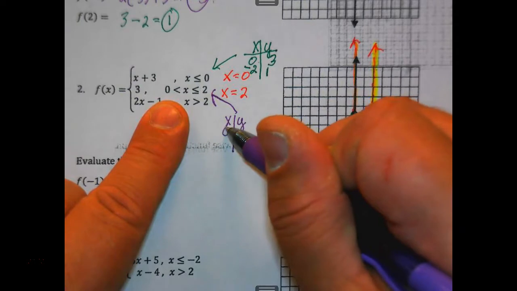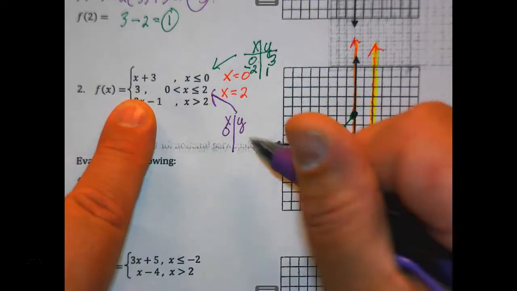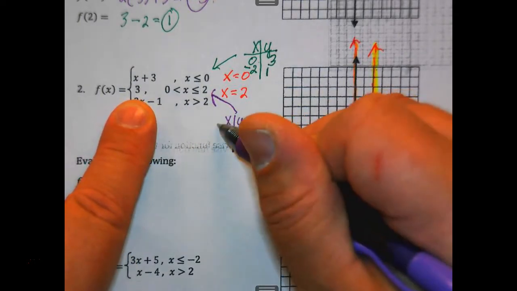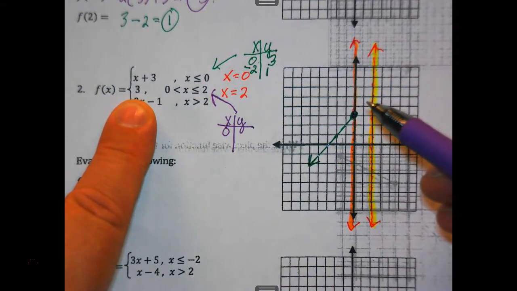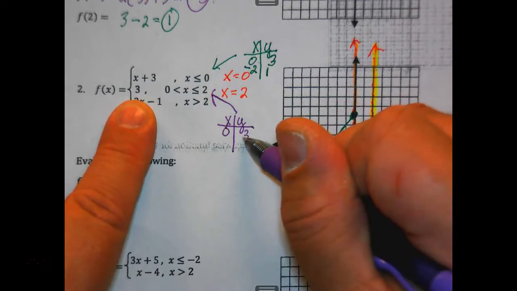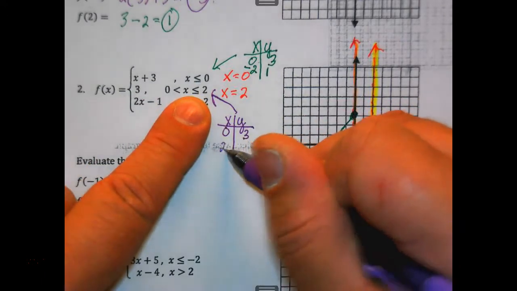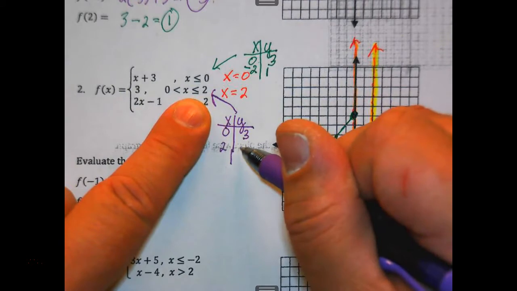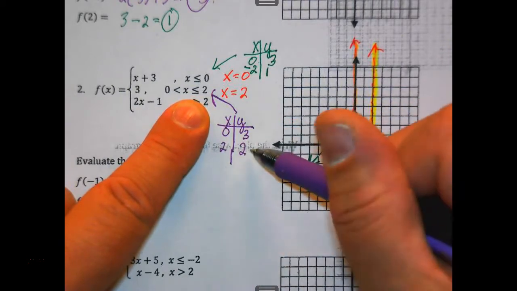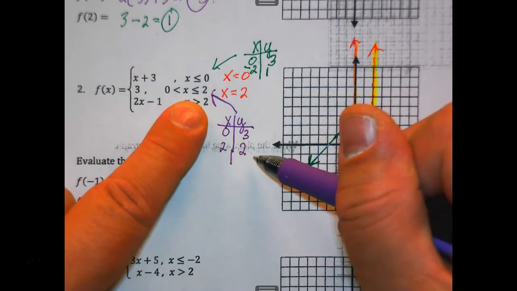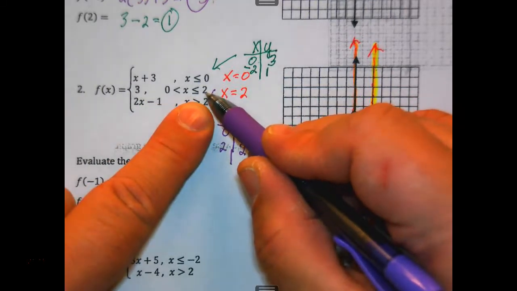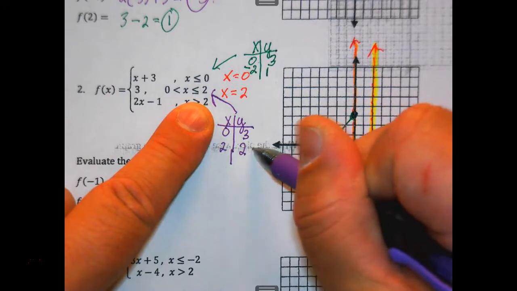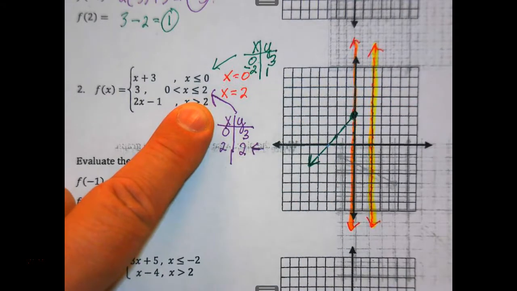I'm going to pick 0 for X. What's Y? If I pick 0 for X, what's my Y? 3. If I pick 2 for X, what's my Y? 2. Now, which one of these are going to be closed? It's going to be the 2. This is the one that's going to have a closed circle because it has the equal sign.